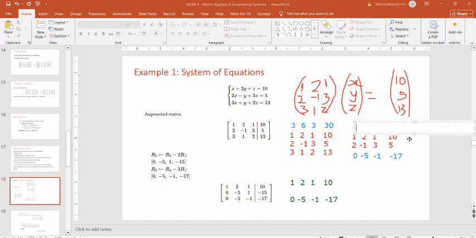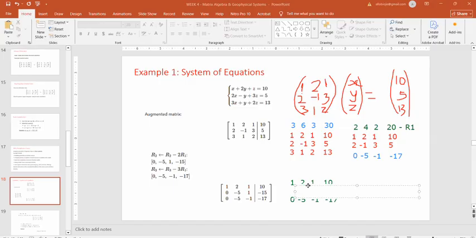So our new row 2, let me just put it side by side here. Our new row 1, let me put it on top. We are multiplying it by 2. So we have 2, 4, 2, 20. So this is our new row 1. That's what we have to do, not this anymore.